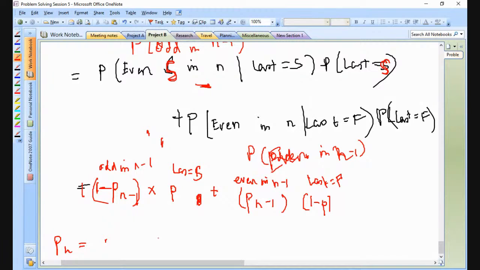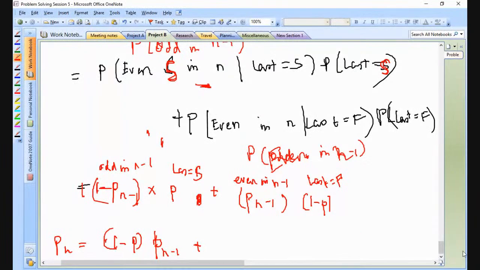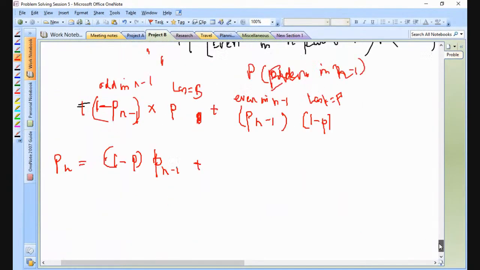I think we got 1 minus P into Pn minus 1 plus, no, I'm doing something wrong. 1 minus P for this, and 1 minus 2P into Pn minus 1 plus P. So understand this is coming.